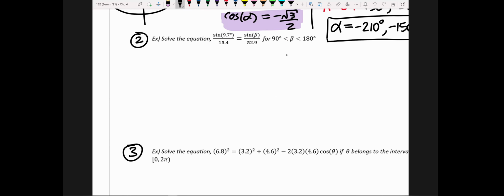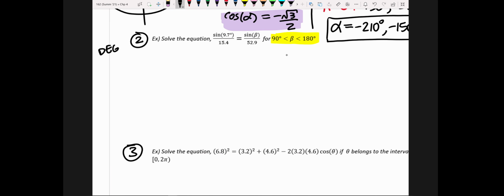Let's hear from Genesis. Genesis, how do we isolate the trig function sine of beta? You can multiply the right side by 52.9 and the left side. Yes, okay. So, well, actually, first let's indicate we want specified solutions and we're in degrees.